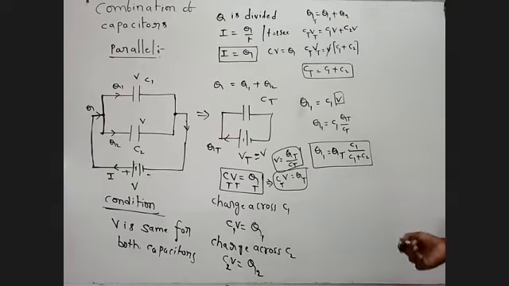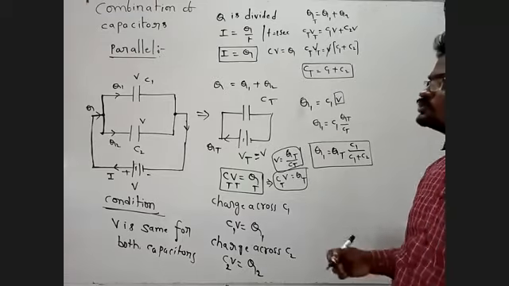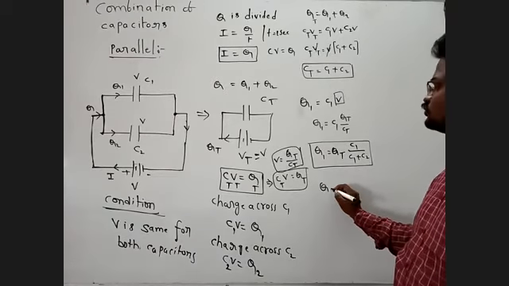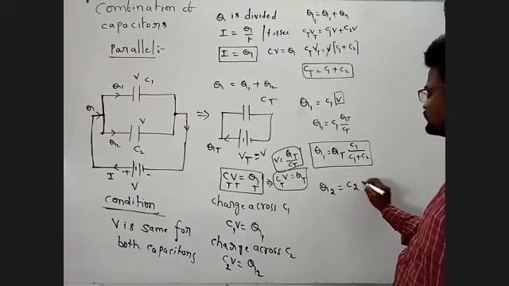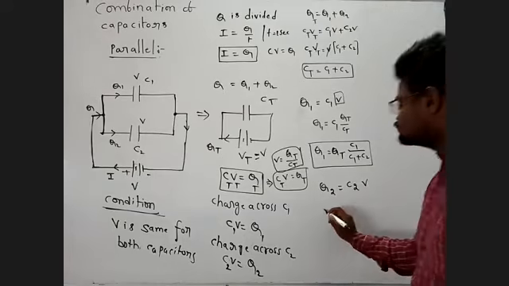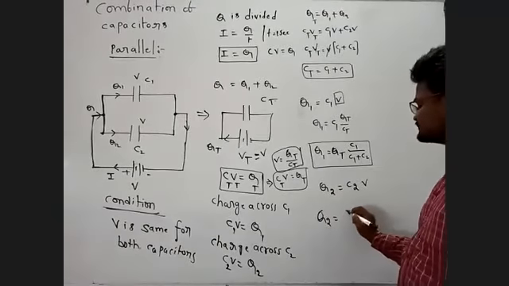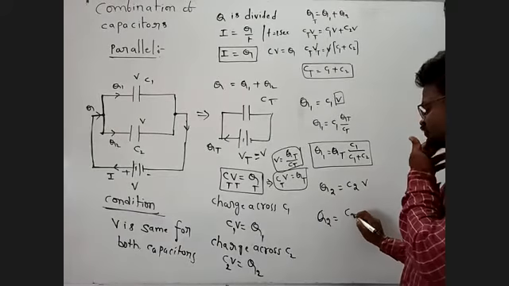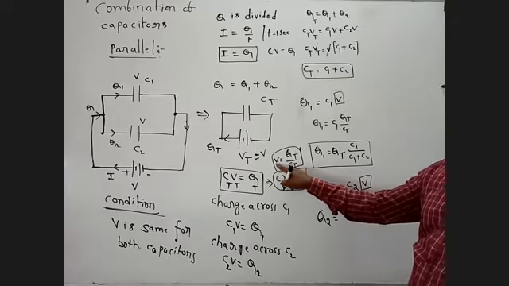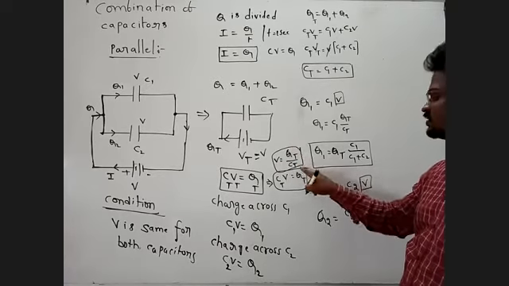Next, the charge across the C2 capacitor. Q2 is equal to C2V, and V is equal to Q total by C total.